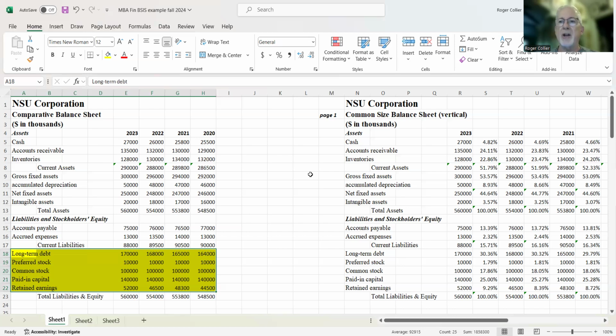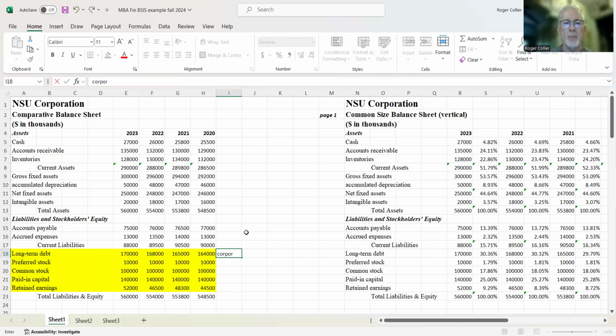We're not going to take time to go through all the possibilities. We're going to concentrate on one category, one type of long-term debt, and that is corporate bonds. And we're going to talk about what bonds are, how they work, all that sort of thing.